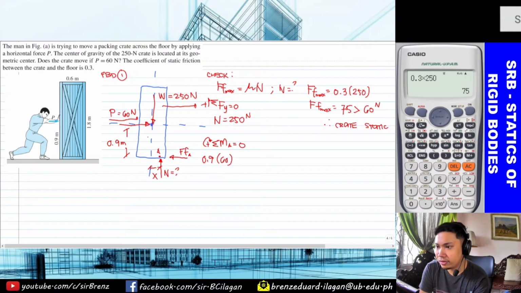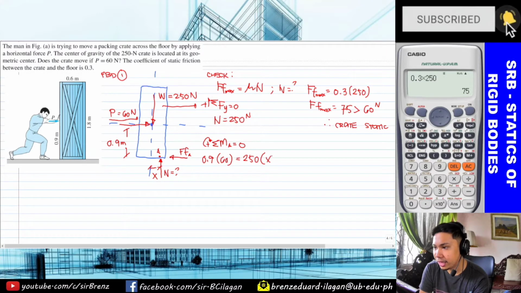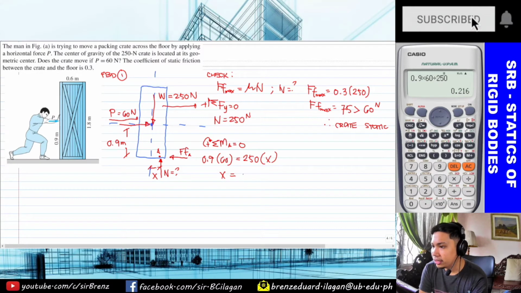So itong 250 Newton will produce a counterclockwise moment. So minus, transpose ko na lang sa kabila, guys. So that is equal to 250 times x. So x will be equal to 0.9 times 60 divided by 250. Okay, so that is 0.216.